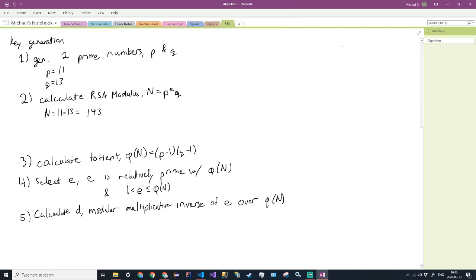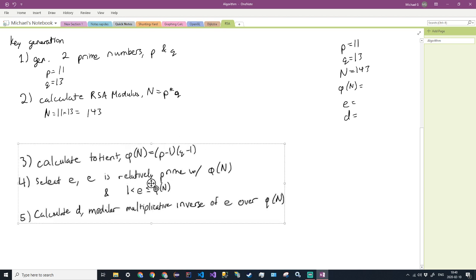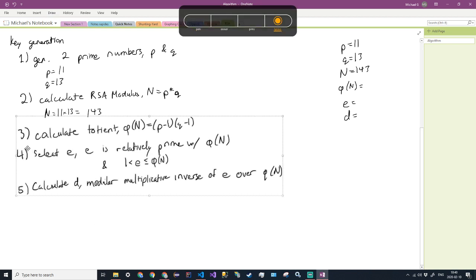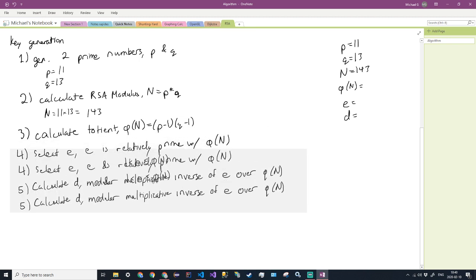Let me keep track of the important values over here. So calculate N is just the product of the two numbers, P and Q.